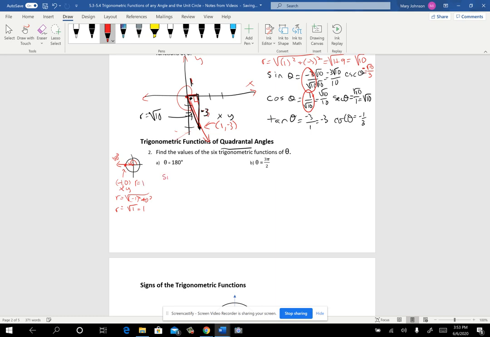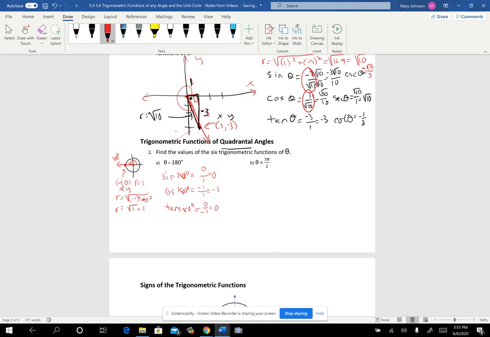And so to do the sine, cosine, and tangent of 180, you do the y, which is 0 over r. You do the x, which is -1 over r. And then for tangent, you do the y over the x, and that turns out to be 0.